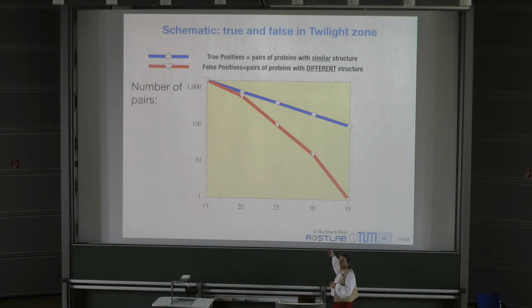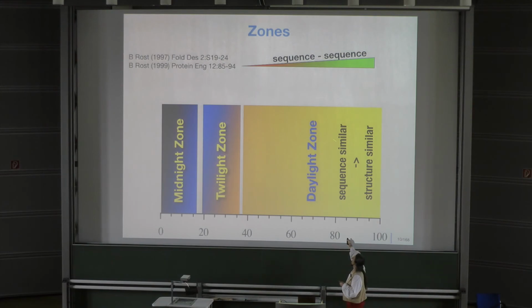What is this safe zone, to go back into this image here? What is this zone in which I clearly identify that two proteins have a similar structure? How can I do that? I can use experimental information. Can somebody suspect how? What type of experimental information do you want from me in order to design this?